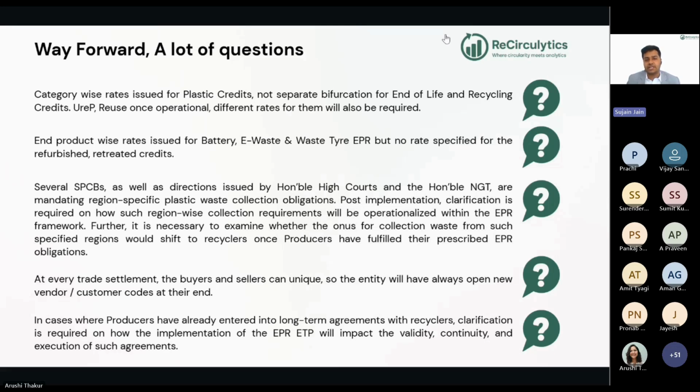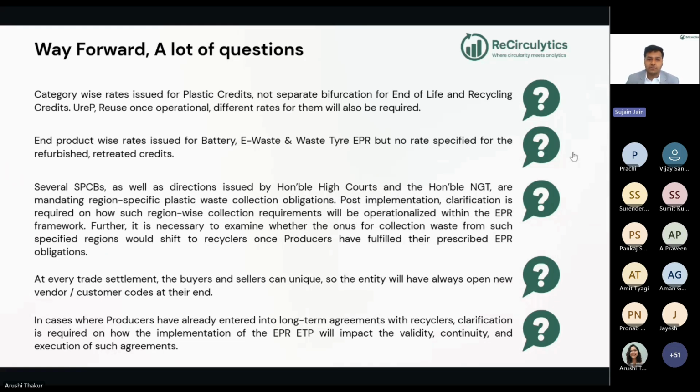The EC rates which are given, or the credits which are traded, are essentially the credits of the end products and not of the triple E code or the metal or battery type. So in that case, how will the trading happen? And also for the refurbisher and the retraders, while the EC prices are given for the end products, there are no guidelines on how the minimum and maximum prices for the refurbishing credits would be fixed.